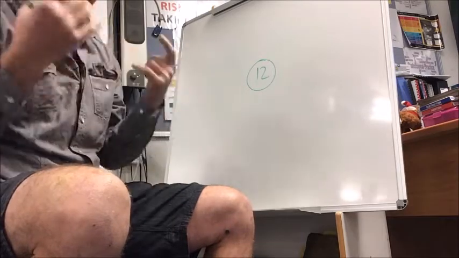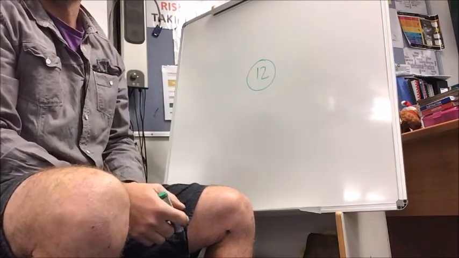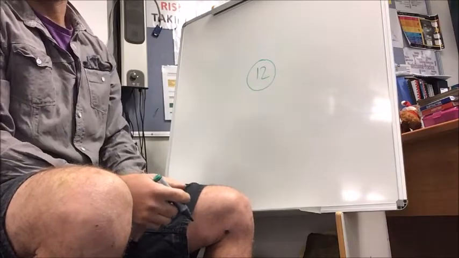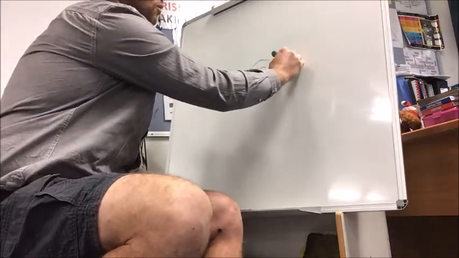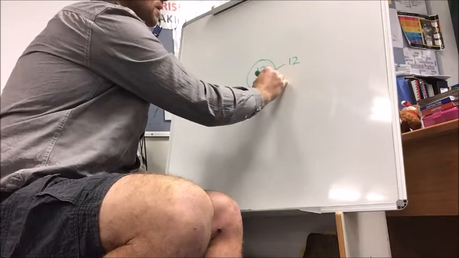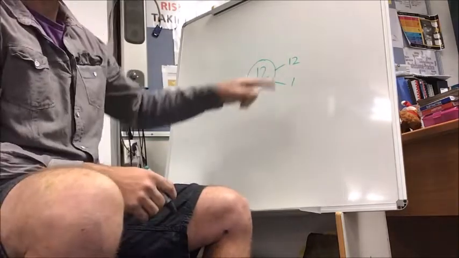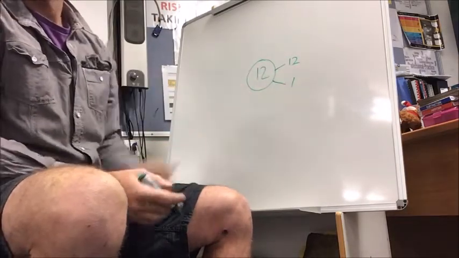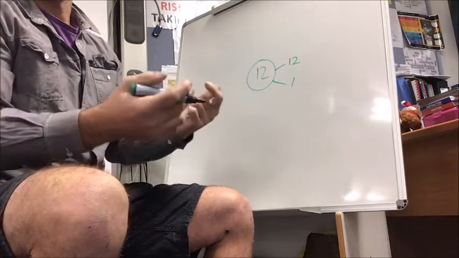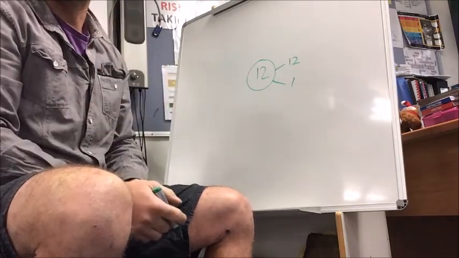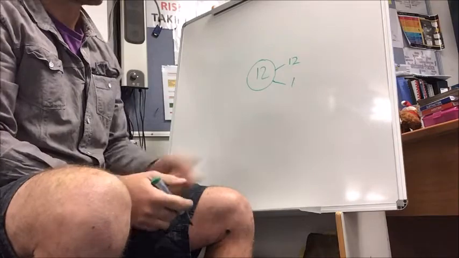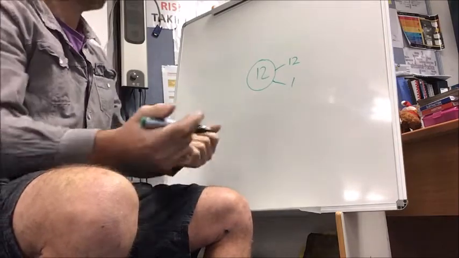Now, the very simplest and easiest one is the actual number and 1. Okay, so we've got 12 and we've got 1. Okay, because 12 groups of 1 equals 12. Are there any other two numbers that I can multiply that get the 12? All right, let's have a think about it.